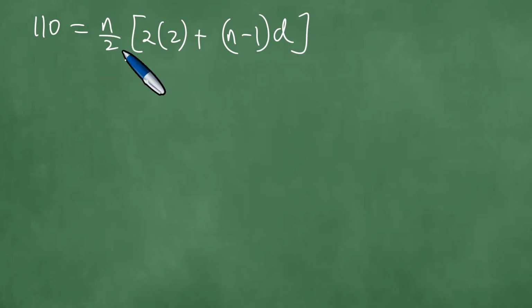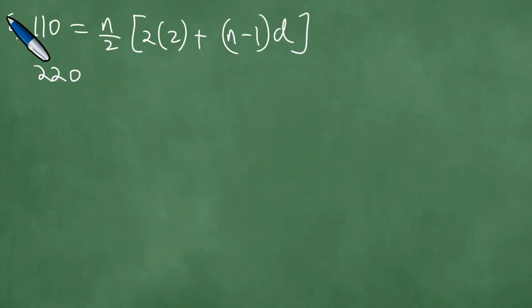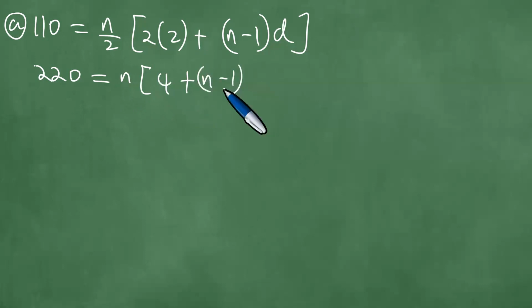So we can cross multiply now. 2 times 110 is 220. We're still continuing with part A. It is equal to n into, what is 2 times 2? It is 4, plus n minus 1 into d.